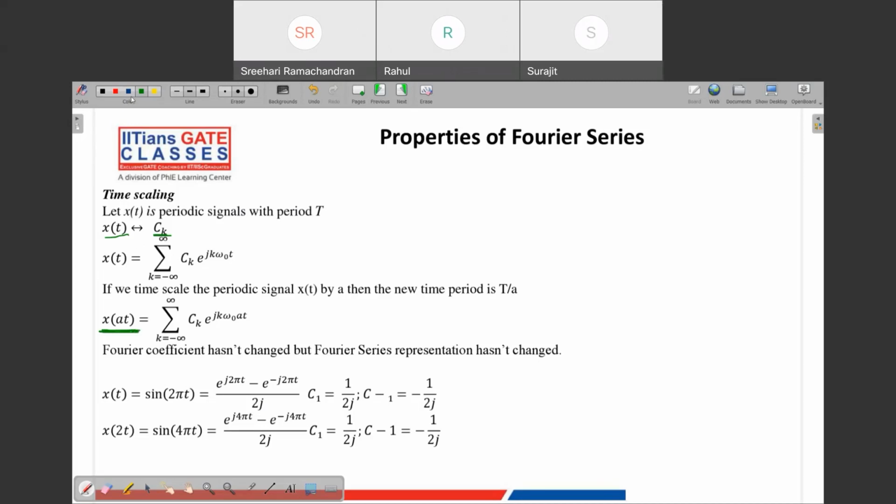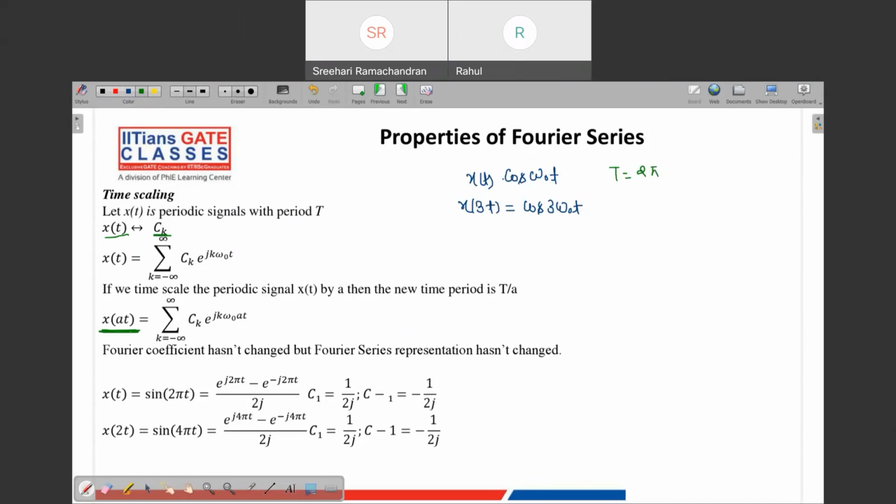So for example, let's say you have a signal which is cos omega naught t, which is x of t. Now let's say I am going to scale it by a factor of 3, x of 3t. So you'll get cos 3 omega naught t. In the first case, the time period is T equal to 2 pi by omega naught.